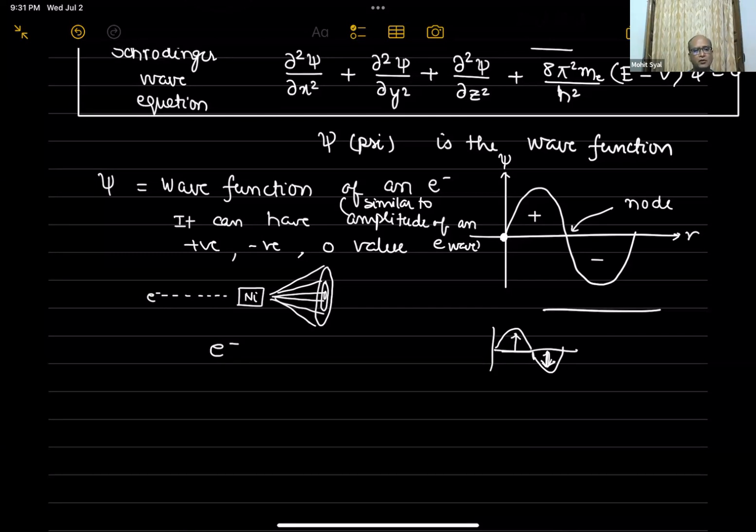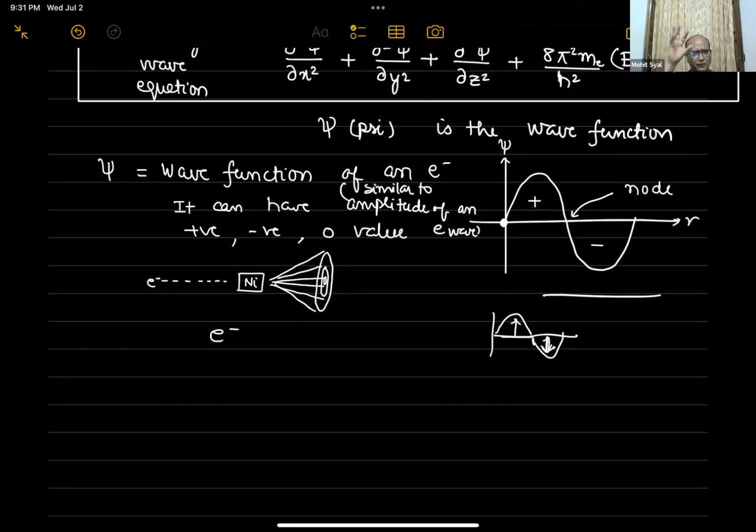It will be zero, because each atom has its own size, each shell has its own size, and the electron's wave is present in that region only. If we take a larger region beyond those limits, its wave will not be there. So the value of wave function at a very far distance is zero, because there is no wave at all.